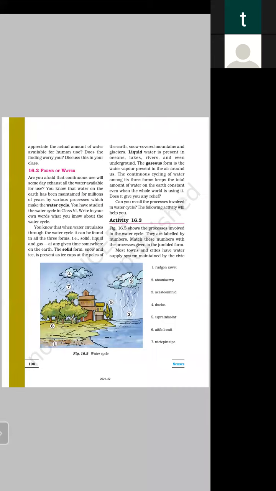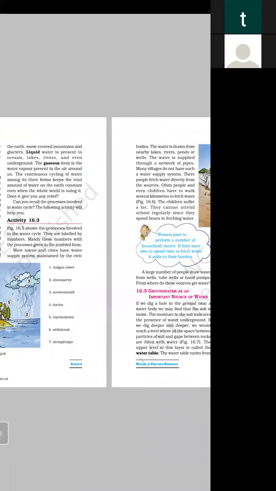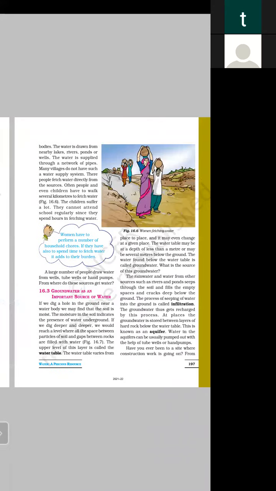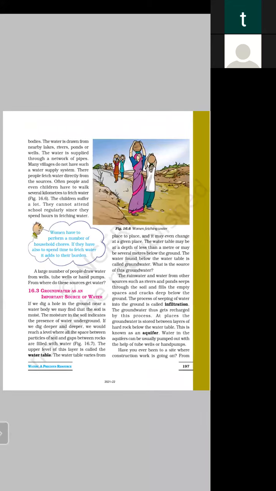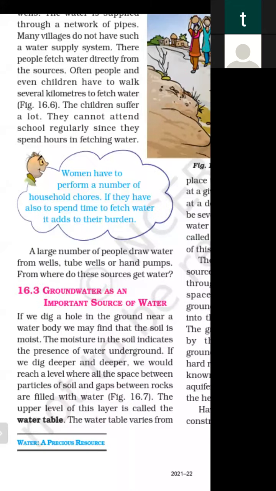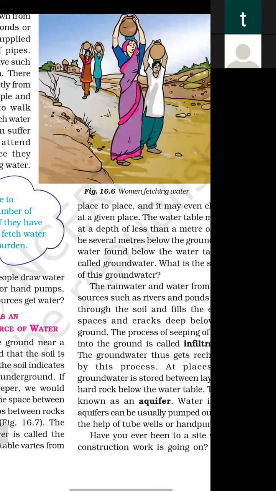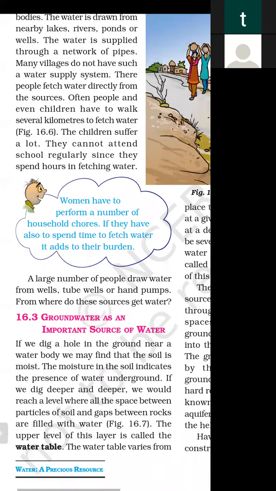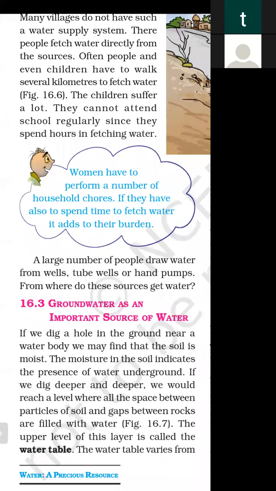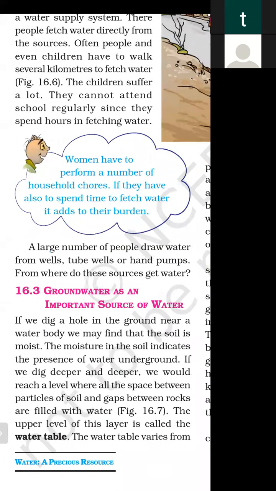So let's discuss today's topic: groundwater as an important source of water. Open page number 197. If we dig a hole in the ground near a water body, we may find that the soil is moist. What is moist soil? A soil which is having moisture.